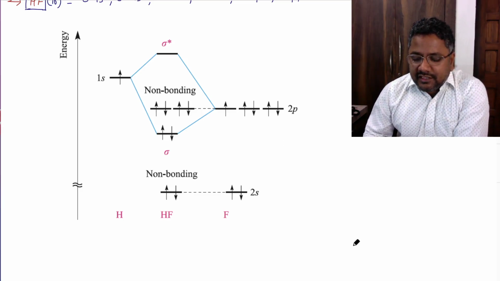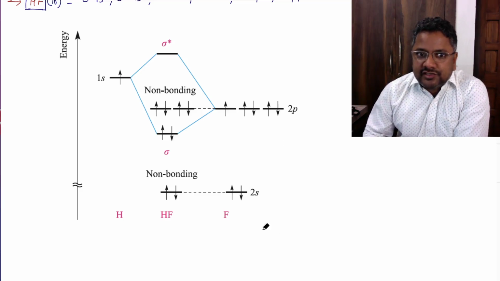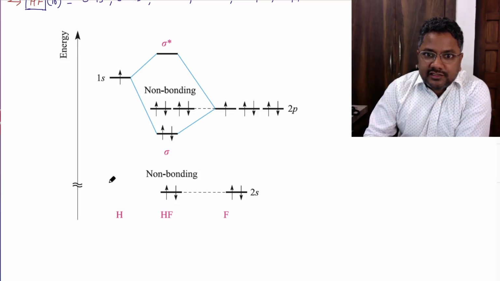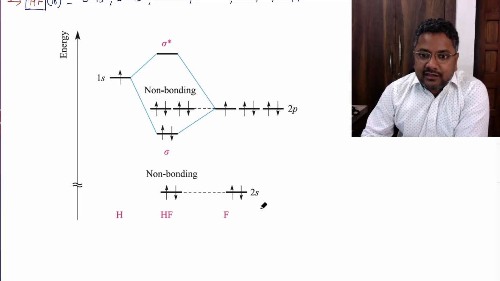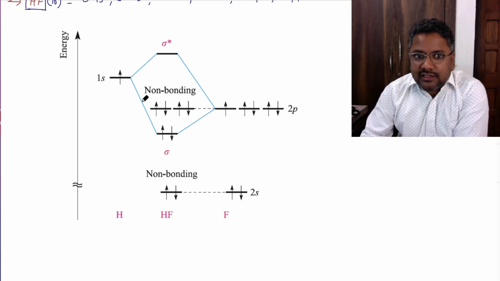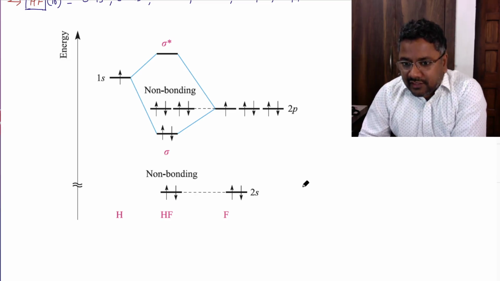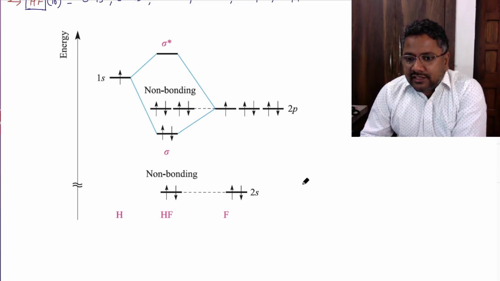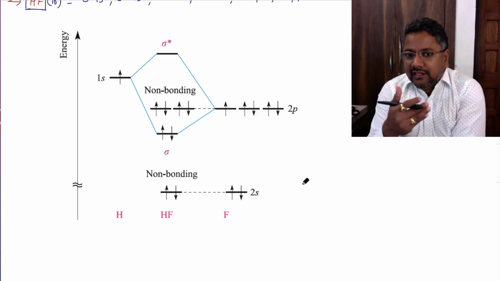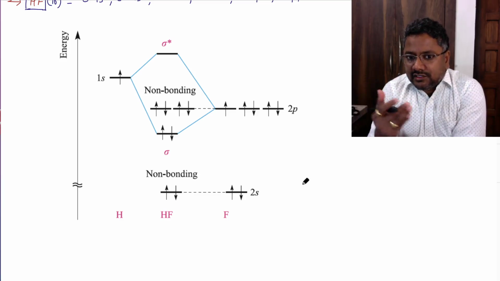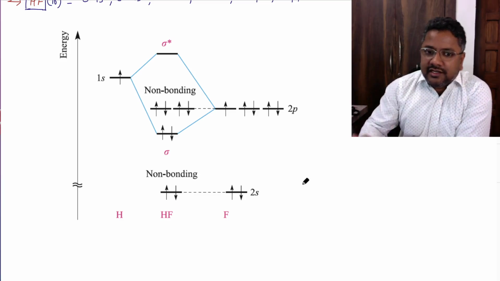So basically, the energy of 1s of hydrogen, see, this is the exact energy diagram. The energy of 2s, 2p, right, and 1s of fluorine is much smaller than the energy of 1s of hydrogen, because as the effective nuclear charge increases, the energy of these orbitals decreases.